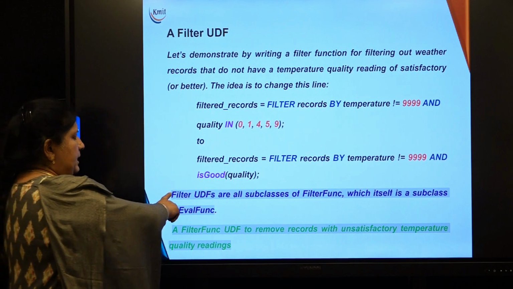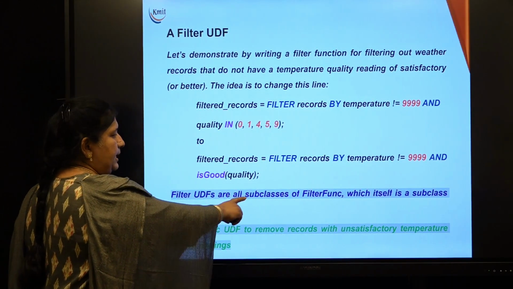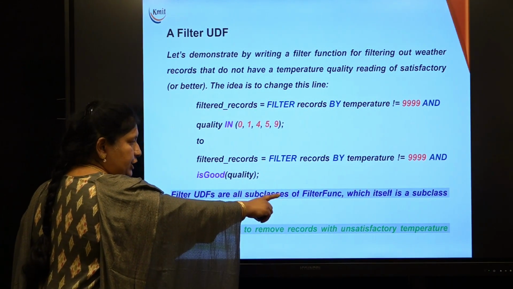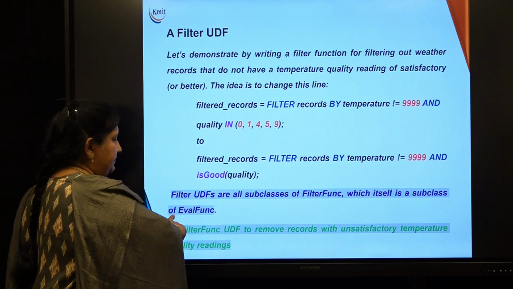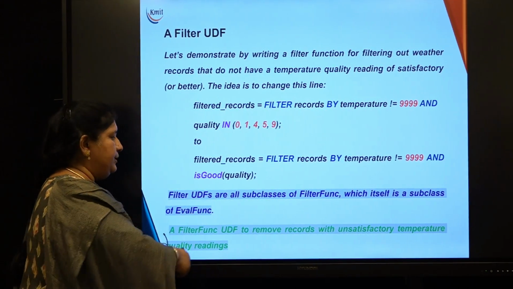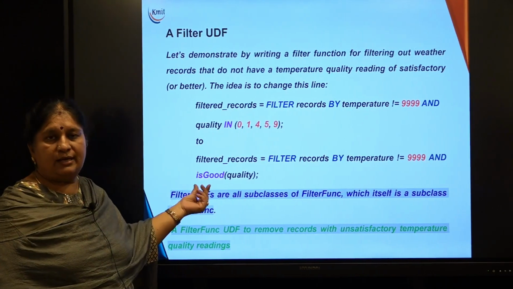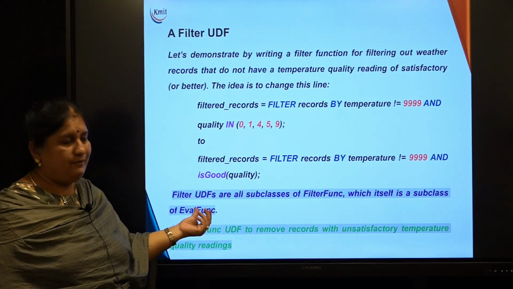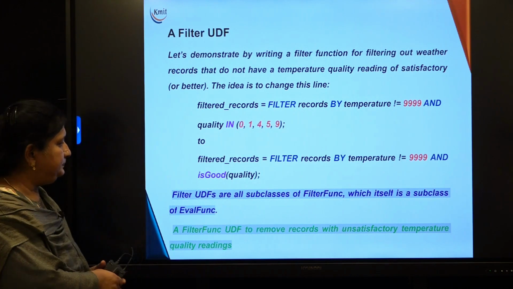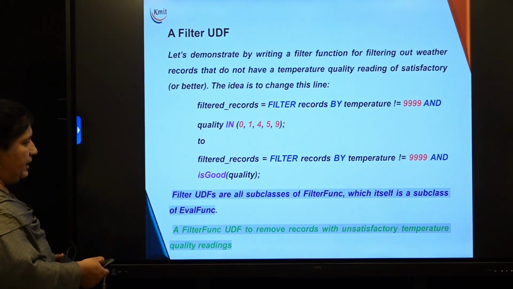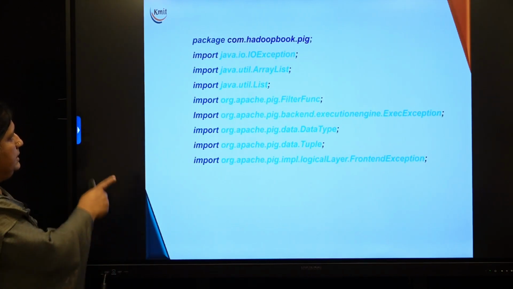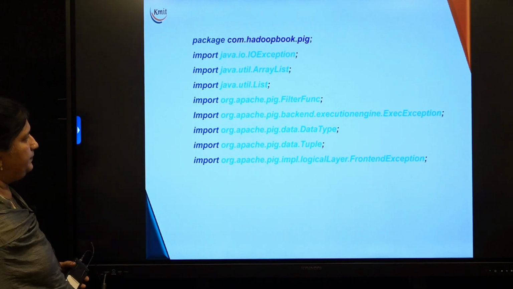Now, the filter user defined functions are a subclass of filter function, which itself is a subclass of eval function. As I told you, the filter functions are taken as a subclass of eval function because of this reason. Now, how do we write? These are the packages we need.